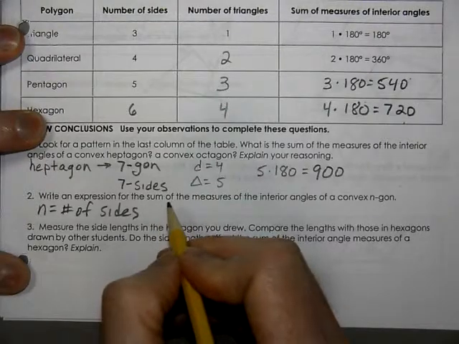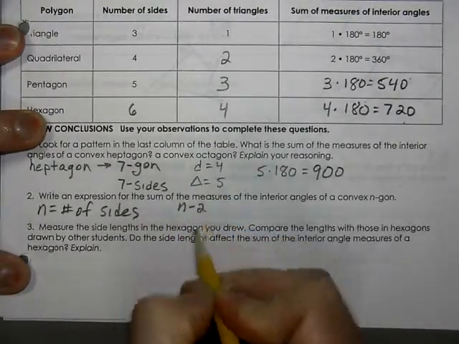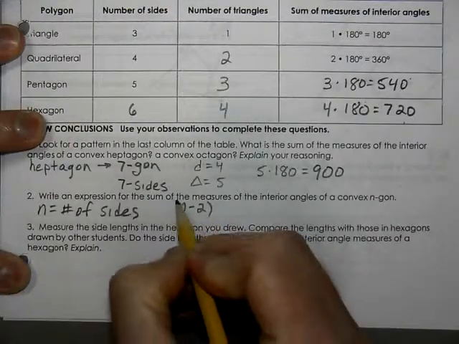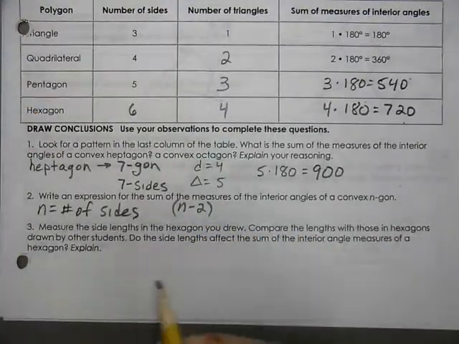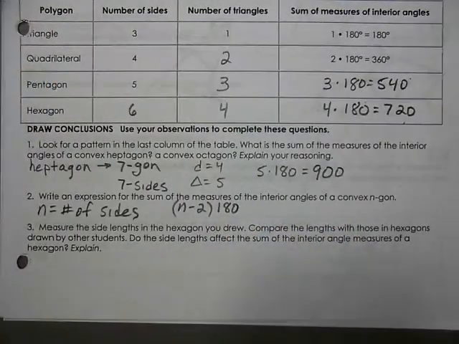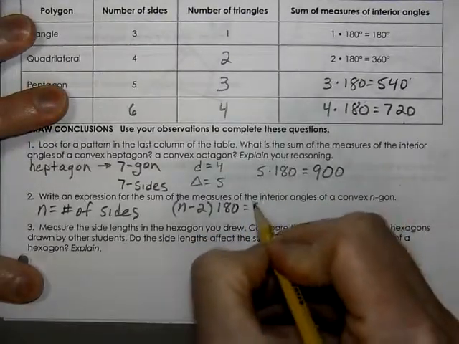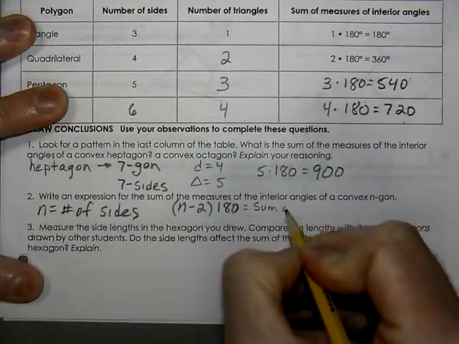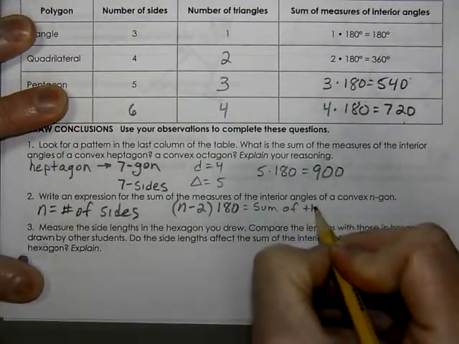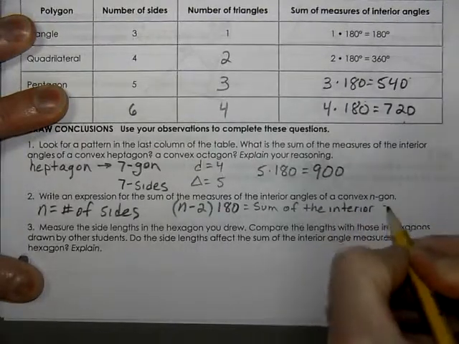Once we know the sides, to figure out the triangles, we're going to take 2 away from it. Once you take 2 away from the number of sides, we multiply that by 180, because every triangle has 180 degrees inside, and that's going to give you the sum of the interior angles.